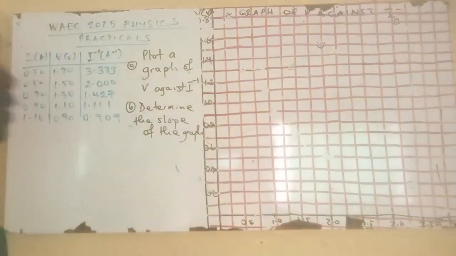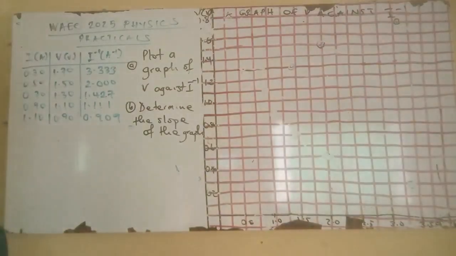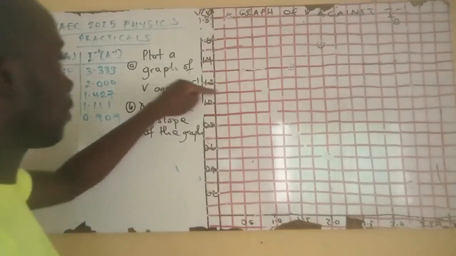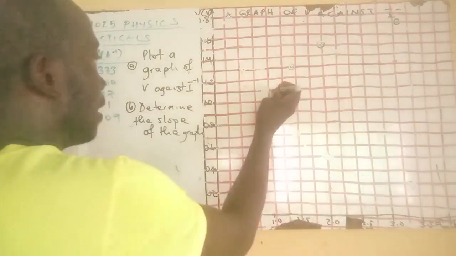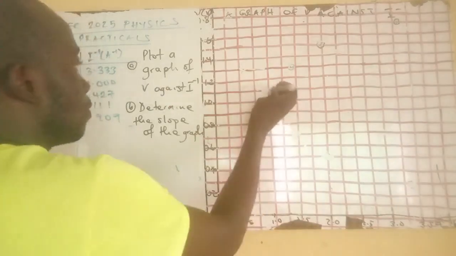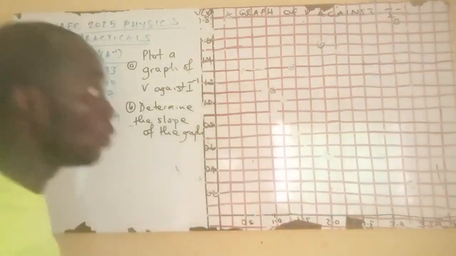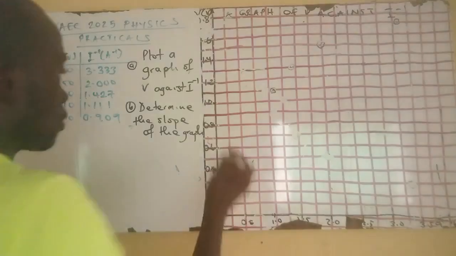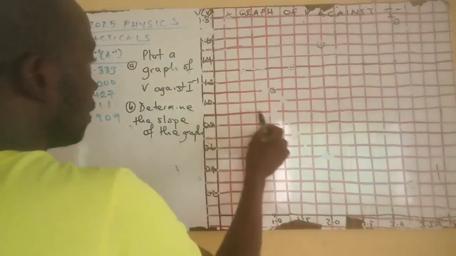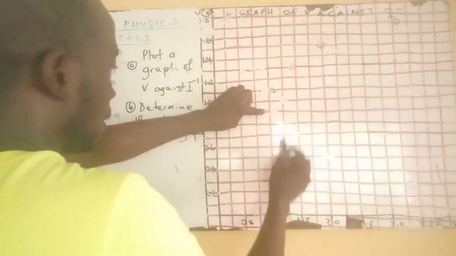Now the next one is 1.1 and 1.1. Let's look for 1.1 here and 1.1 somewhere here. The next thing to do is to look for 0.9 and 0.9. So let's go for 0.9 here and 0.9 here.